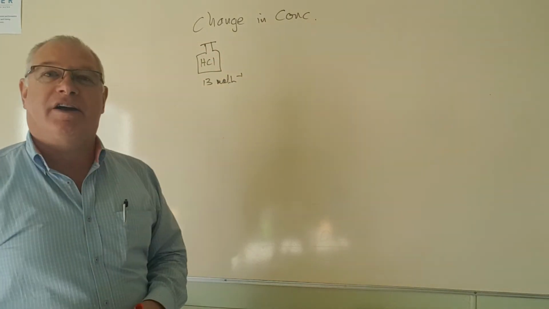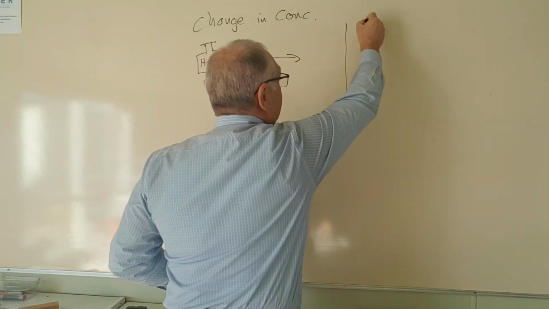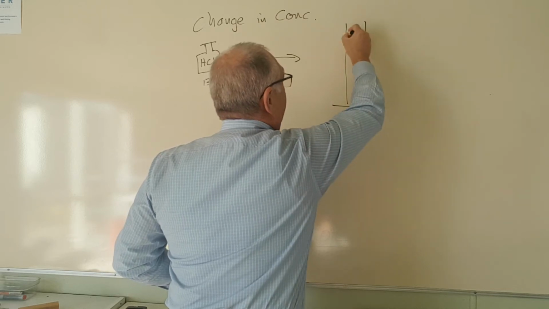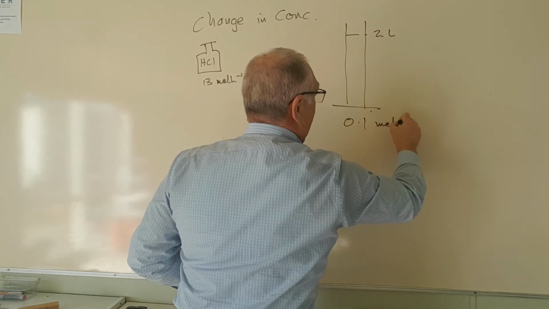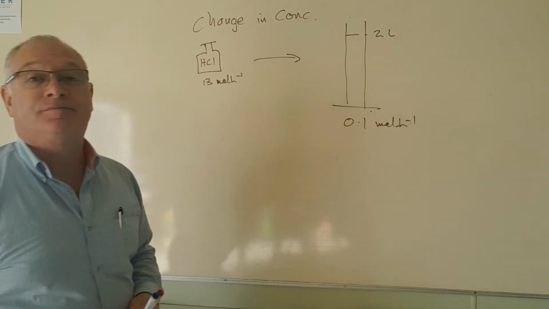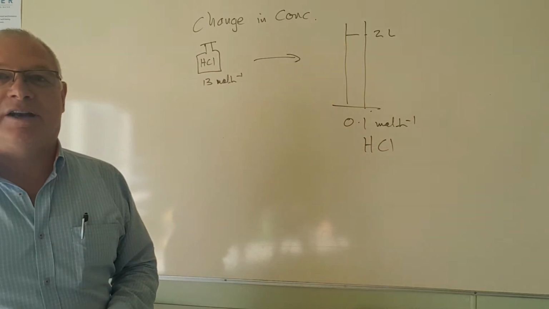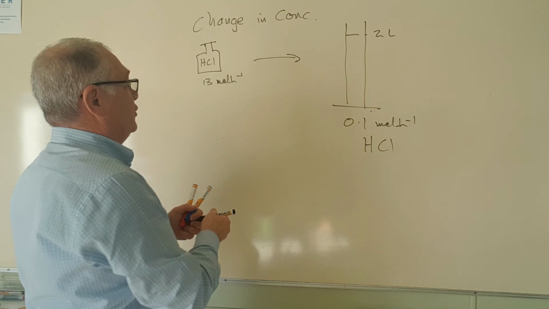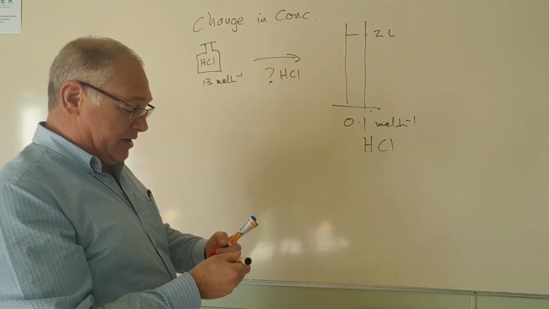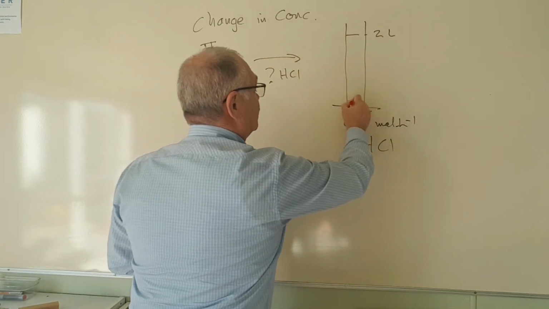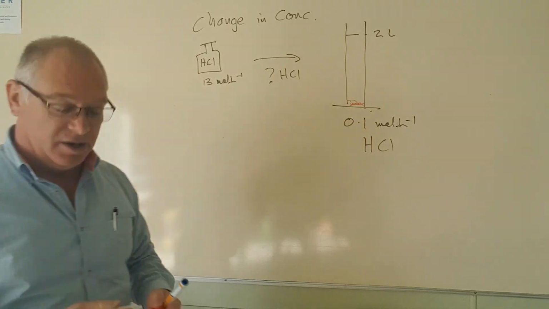So this is concentrated hydrochloric acid, and I want to make up in a large 2 litre measuring cylinder 0.1 mole per litre hydrochloric acid that we're going to use for volumetric analysis in the lab. So I want to know how much HCl do I need to put into my volumetric flask to make up my 2 litres of 0.1 mole per litre.